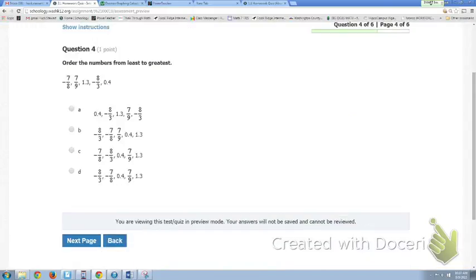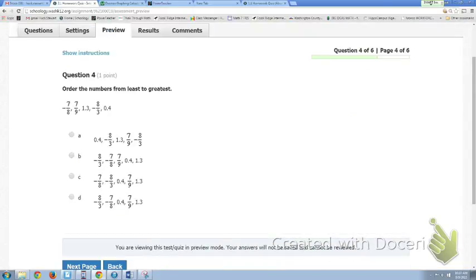Okay, alright, so order the numbers from least to greatest. Again, this might be hard to simulate or show an example of, but you've got numbers here, and a good way to think of this is, let's say this is on a number line. So there's 0.